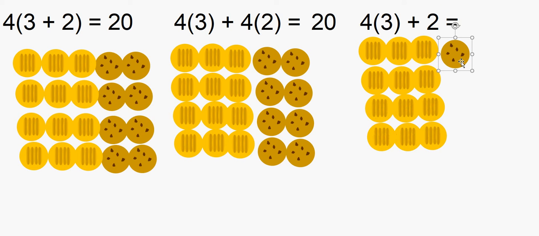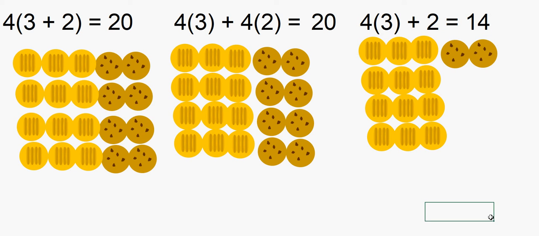And then I have to just add 2 cookies. I don't do 4 times the 2 cookies. So I just have 4 times 3 and then 2. And if we do that calculation, we get 12 plus 2, we get 14.